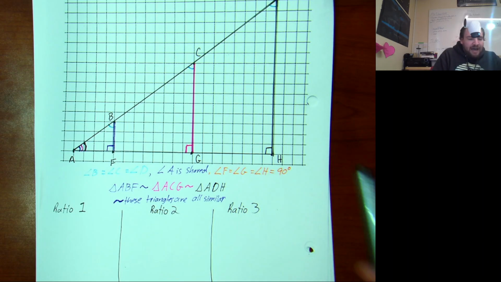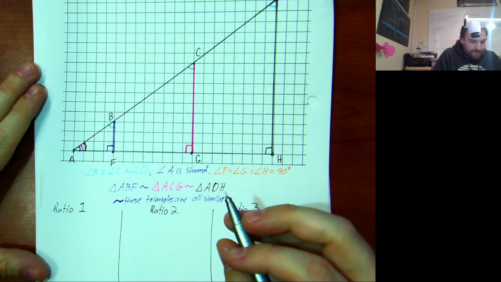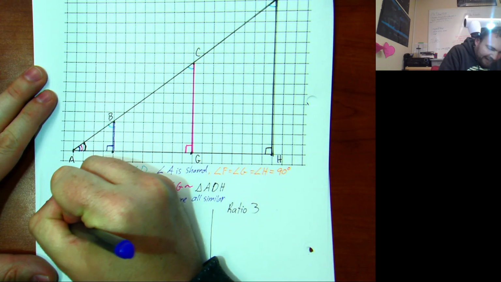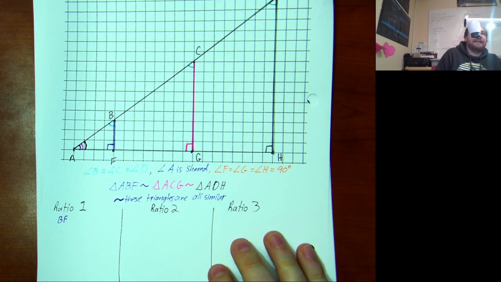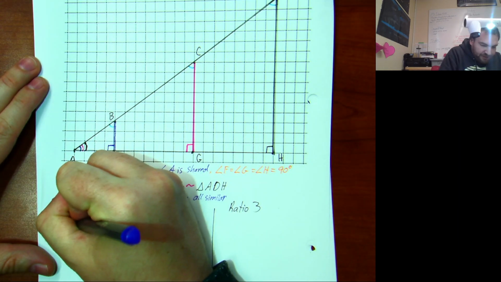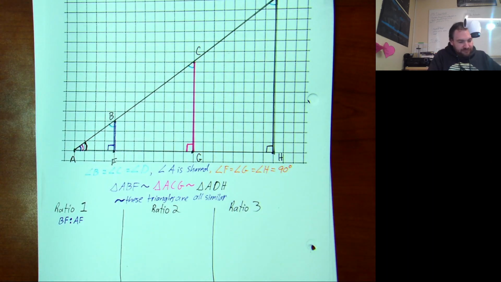So we're going to look at the ratios in these 3 different triangles of the following sides here. We want to look at side BF, which is how I'm labeling that little guy down there. And I want to look at the ratio of BF to the side AF.